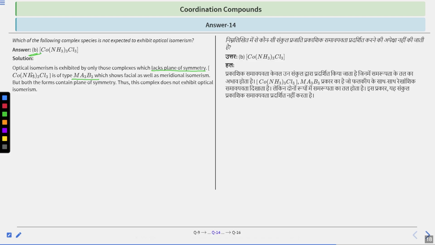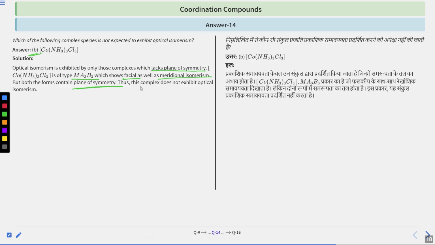Because A is ammonia, B is chlorine, and ammonia is present 3 times and chlorine is present 3 times.